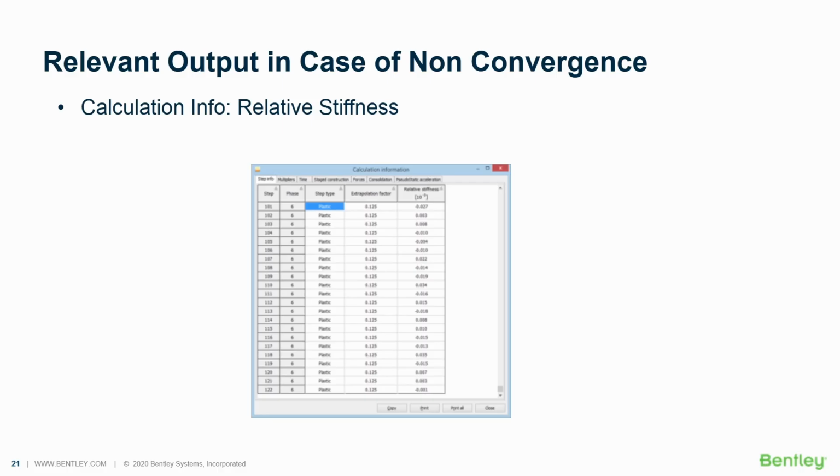After the calculation is done, it is also possible to take a look at the evolution of the relative stiffness in the same calculation information dialog box in output. And this is usually what you should take into consideration when trying to pinpoint and detect convergence issues.